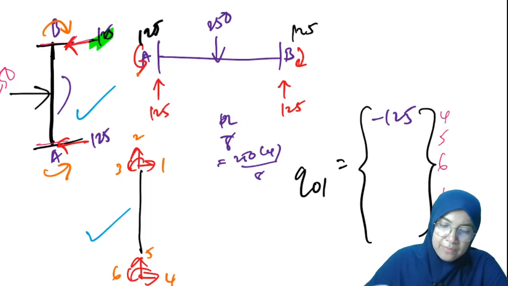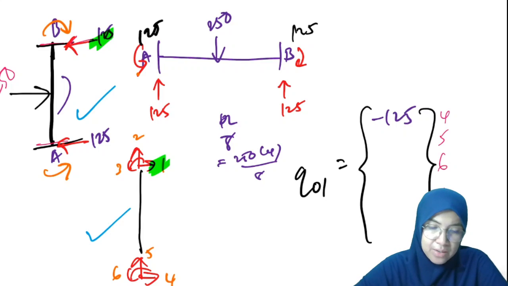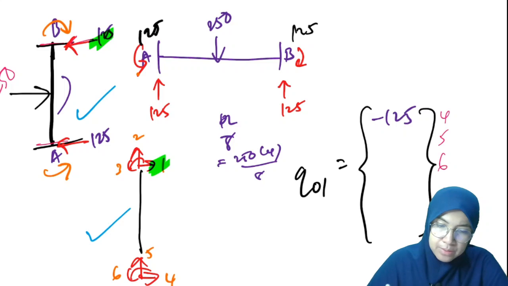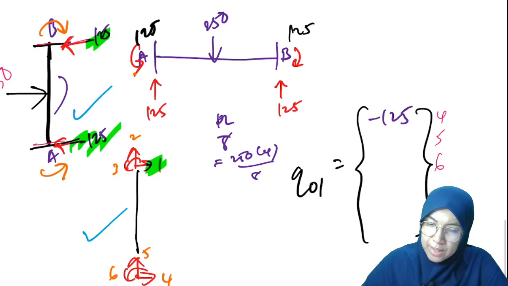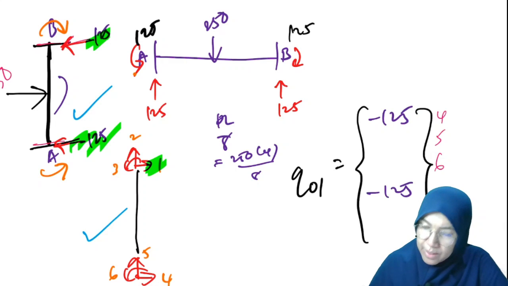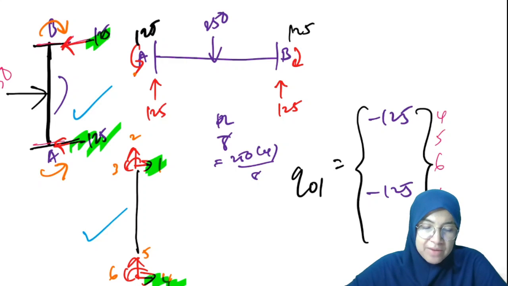Negative 125. The green highlight opposite is negative 125 as well. Position 1 is negative 125, and 4 is here.